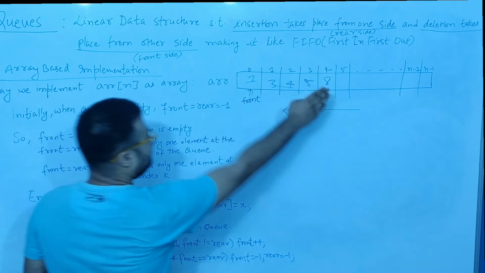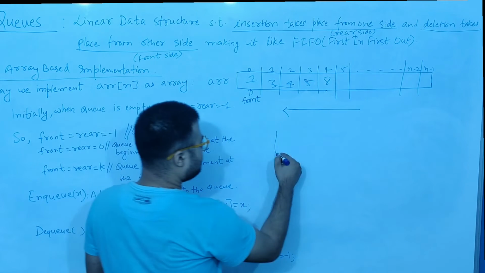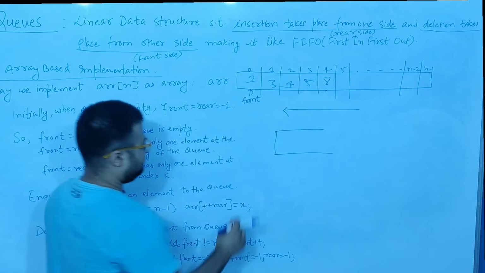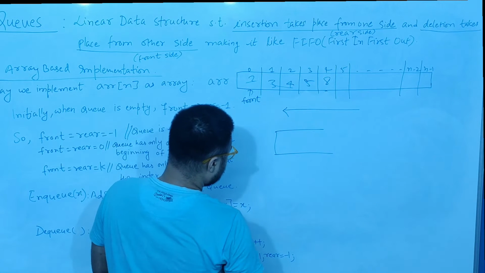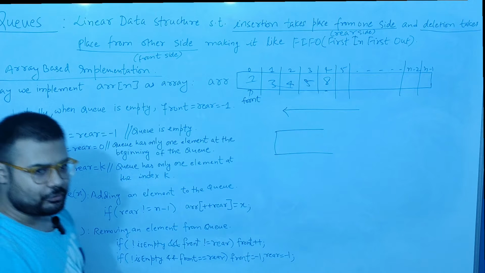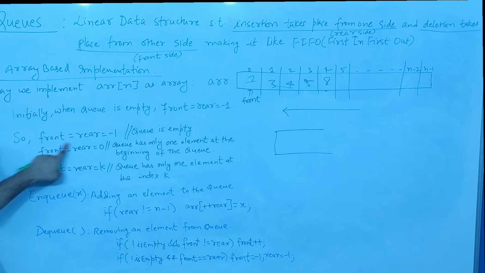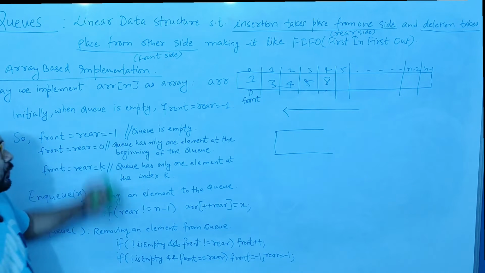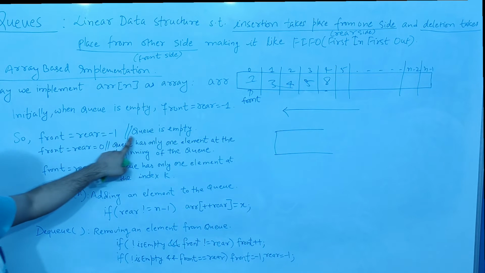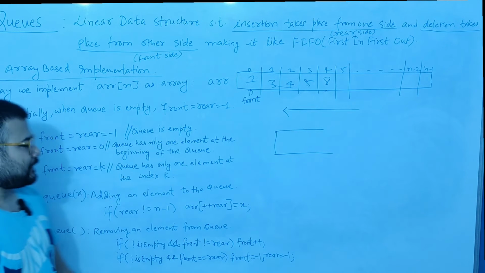Let's not disturb this. Let's make a fresh array. Let's keep it clean because we will see many cases. So initially when your queue is empty, the front and rear both are set as -1. So front equals rear equals -1 means your queue is empty.